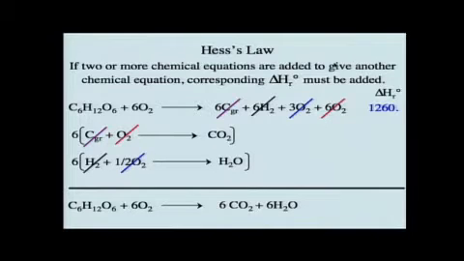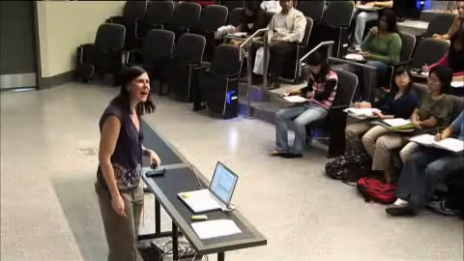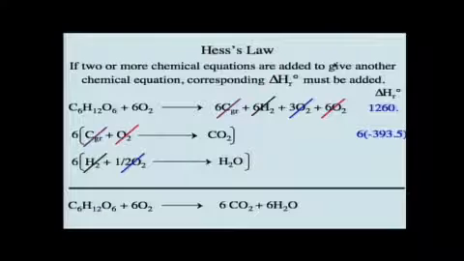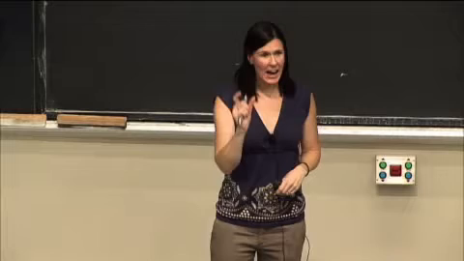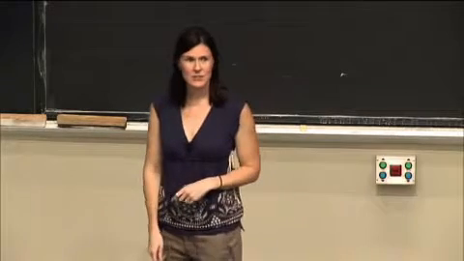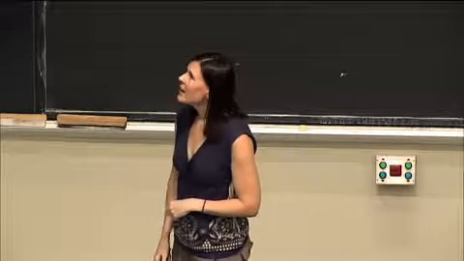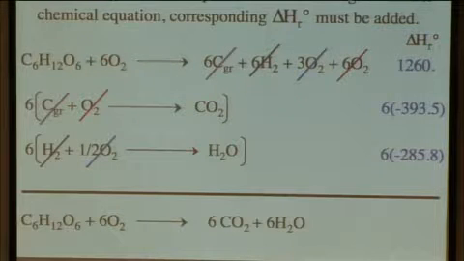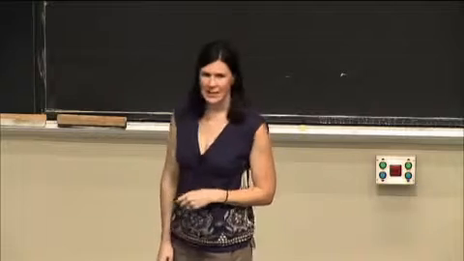So it's going to be a positive number there. We add to that the enthalpy for this reaction here, which is negative 393.5. But we need to remember to multiply that by 6 because we're actually adding together 6 of those individual reactions. And lastly, we also add together 6 of this final reaction here, which has an enthalpy change of negative 285.8.